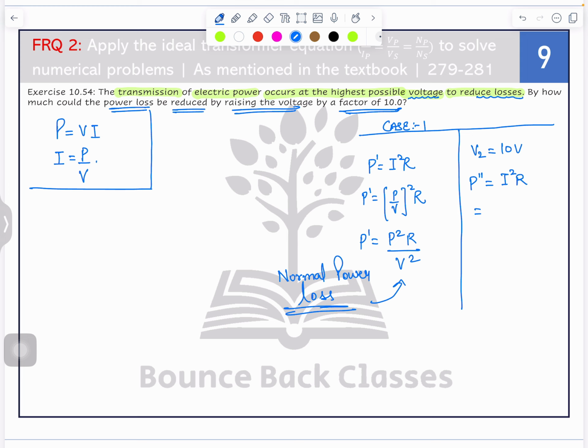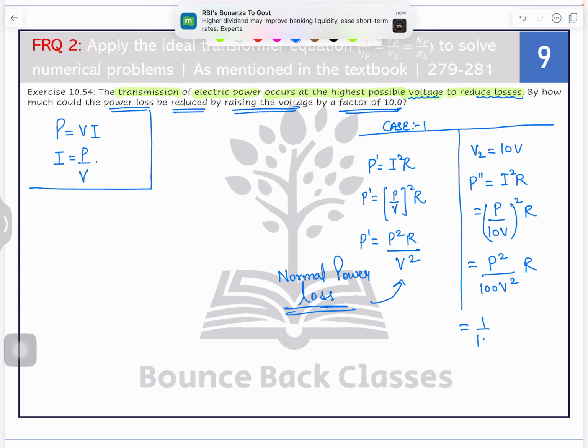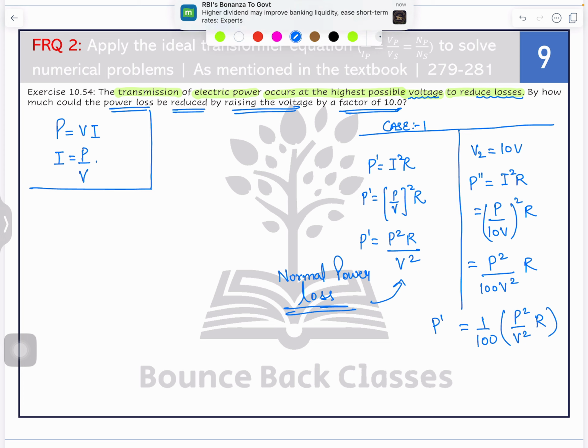Okay. So what is the value? P divided by 10 times of V whole square multiply R. Solve this. So P square divided by 100 V square R. So can I say 1 over 100 P square V square R. This is your P double dash.